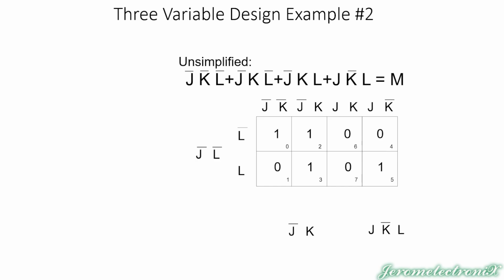So we have to leave it as it is, J, not K, and L. Of course, we can convert that to an expression by adding them together, and then an equation by making them equal to something. And so the simplified version is below: m equals not J, not L, plus not JK, plus J, not KL, which is admittedly smaller than the unsimplified. So this is the best we can do with this.